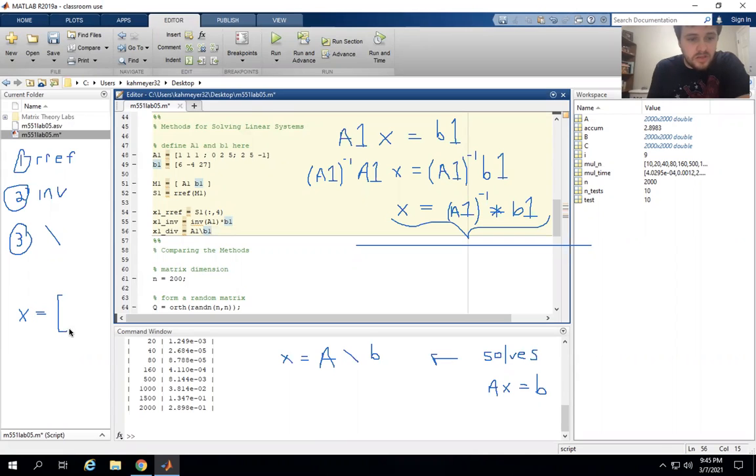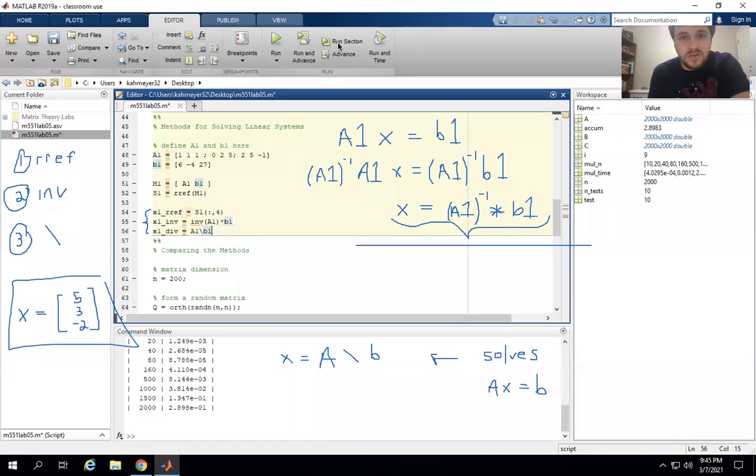The solution ends up being 5, 3, -2. Okay, and since these are whole numbers and there's no round-off error or anything like that, all three of these should give us the same result, and they should all be x if we did this right.